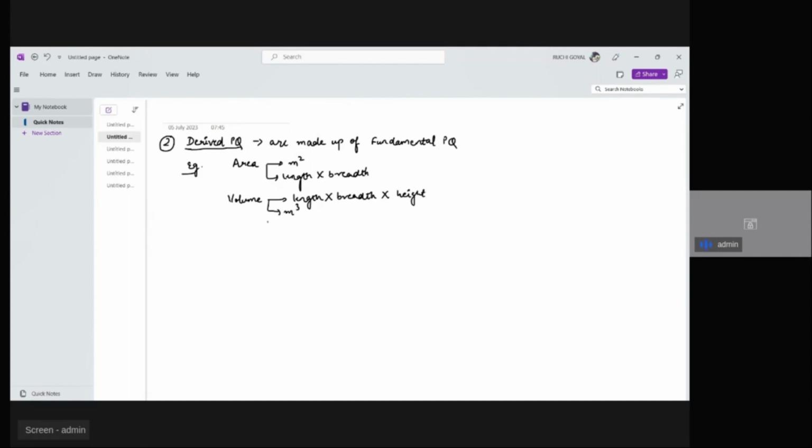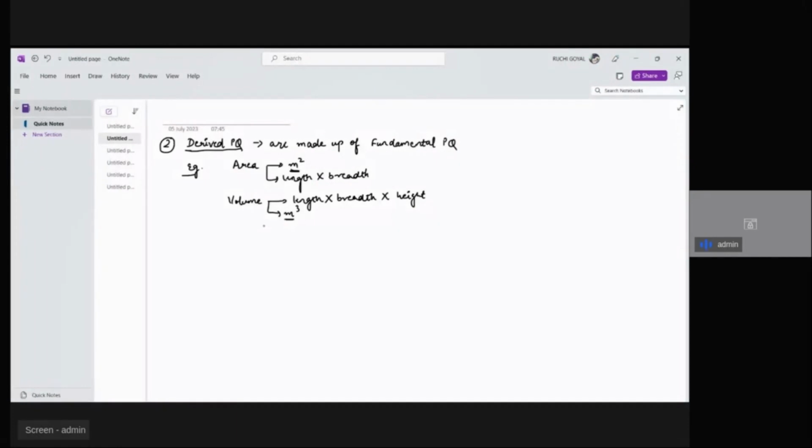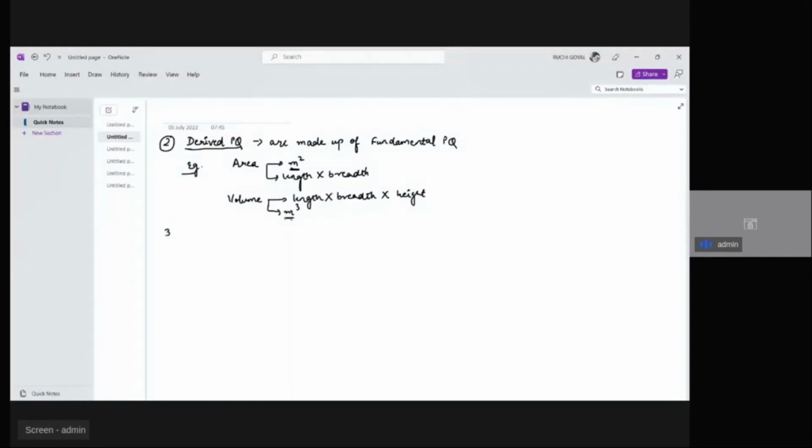So what we are using as a fundamental quantity here, in meter square and meter cube, is length. Correct? So these are derived physical quantities. Now, the third type of quantity is supplementary physical quantity.